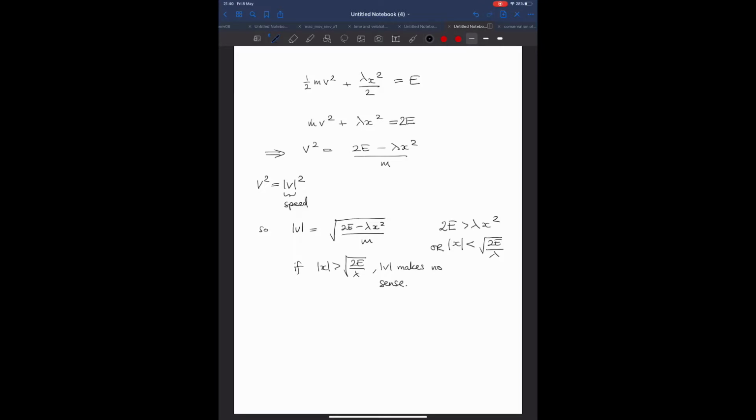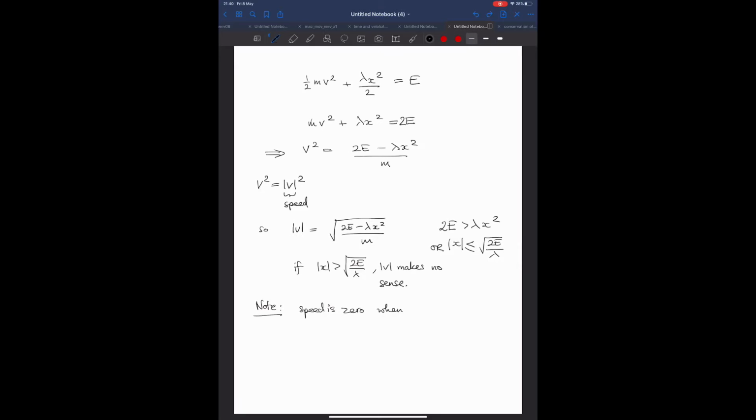Also note, if I take a look at this, speed is maximum. Oh, sorry, speed is 0, not maximum. Speed is 0 when, by the way, that should be less than or equal to, this should be strictly greater than.